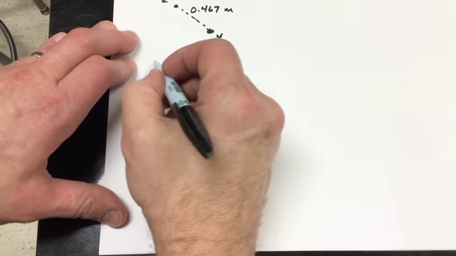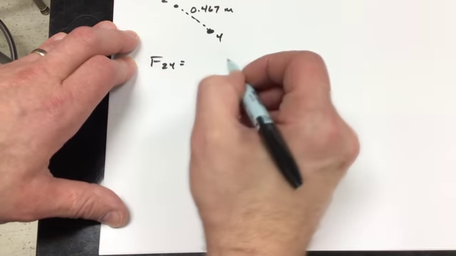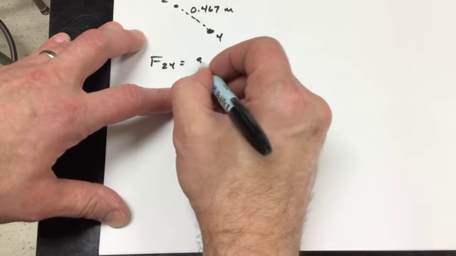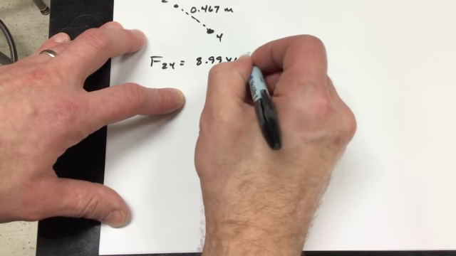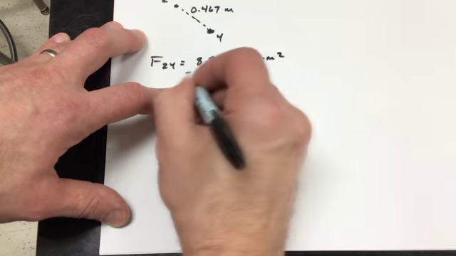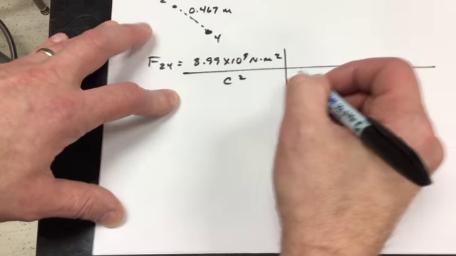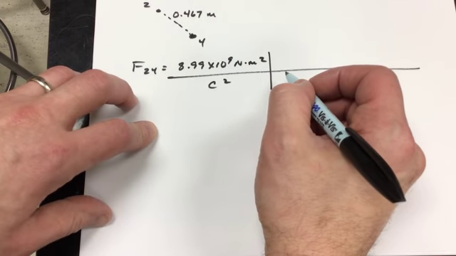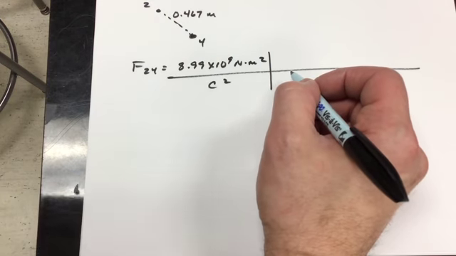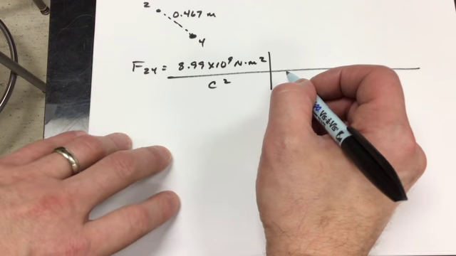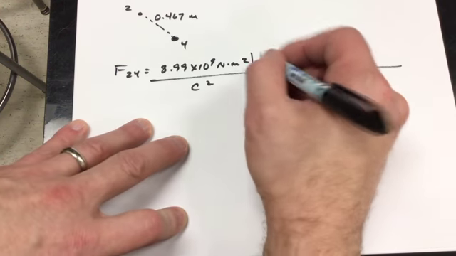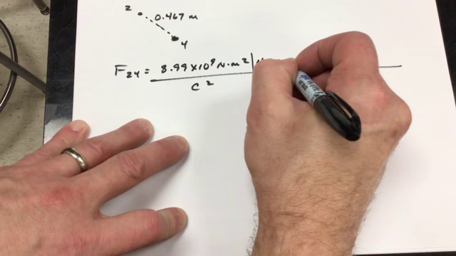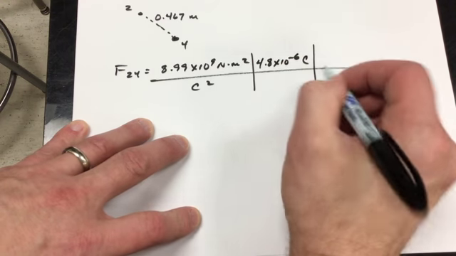So F24 is going to be equal to 8.99 times 10 to the 9 Newton meter squared per Coulomb squared. And then we're going to have our charges. Charge 2, I'll go back to my picture here, is negative 2 microcoulombs, so we'll say 4.8 times 10 to the minus 6 coulombs.